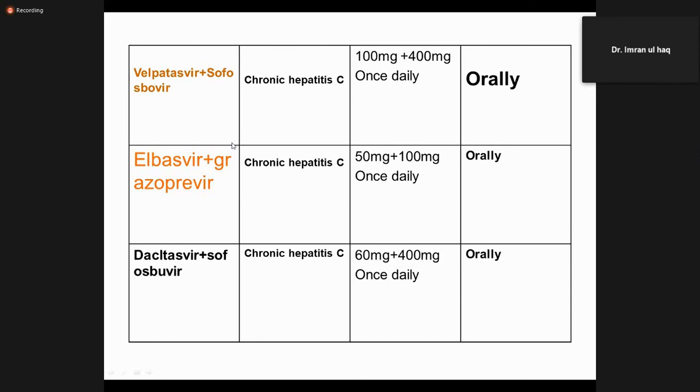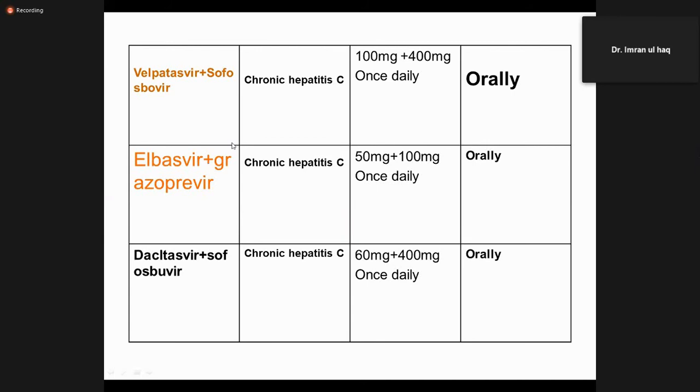So the combination velpatasvir plus sofosbuvir is 100 milligram of velpatasvir and 400 milligram of sofosbuvir once daily. Okay, one interesting point, the duration of treatment: usually the duration of treatment is 12 weeks, right? So this is important.